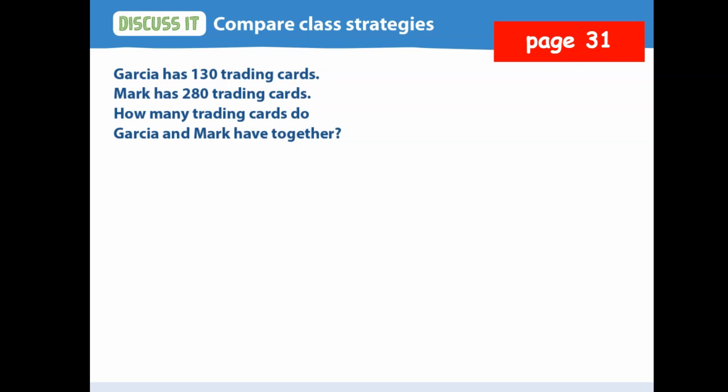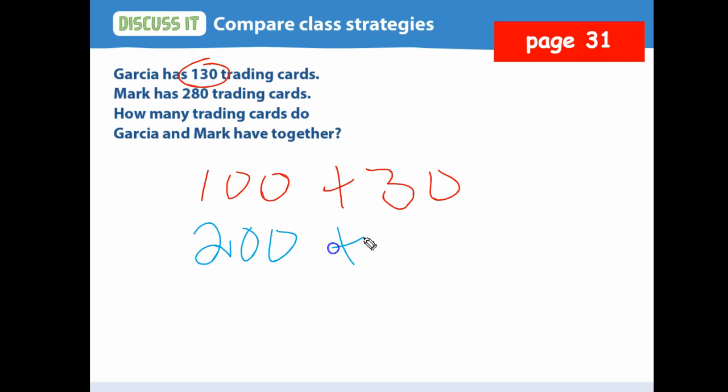Another way to do it, just like in the video, they took 130 and put it in expanded form. That would be 100 plus 30, right? Do I have any ones? No. And then they took 280 and put it in expanded form. How would I write that? 200 plus 80.